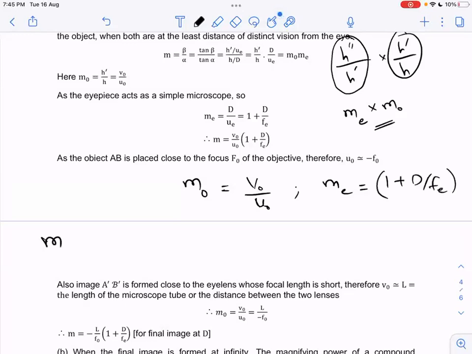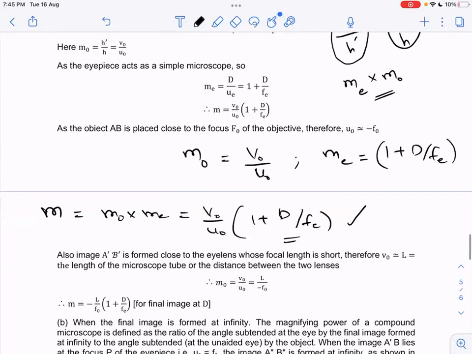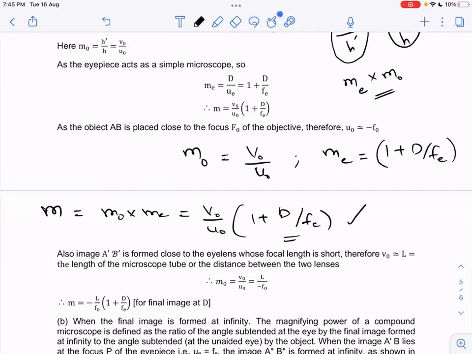So the combined magnification is M0 into Me, which is V0 divided by U0 into 1 plus D divided by Fe. This is what we call the final magnification, or the magnifying power, of a compound microscope.